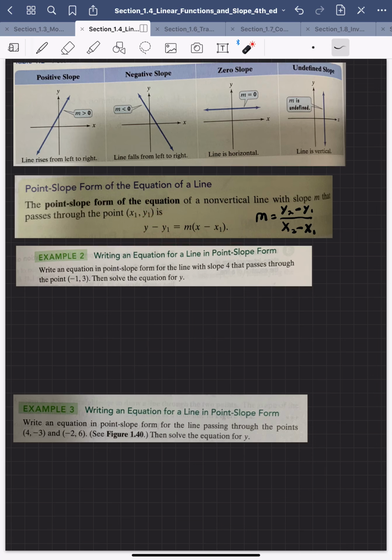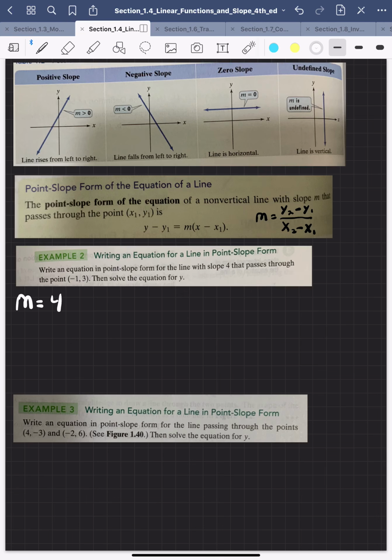Okay? So let me read example 2. It says, write an equation, now in point slope form. So they want it to look like this. For the line with a slope of 4 that passes through this point. All right, let's take some notes, right? So we're told that m, the slope, is equal to 4.